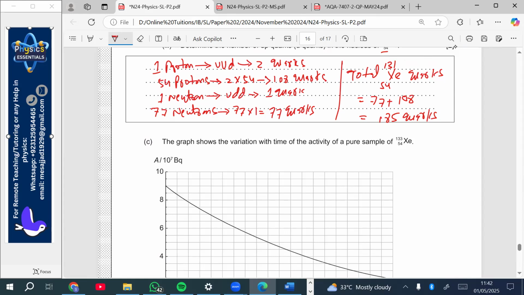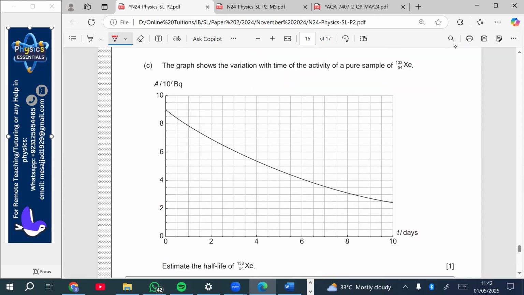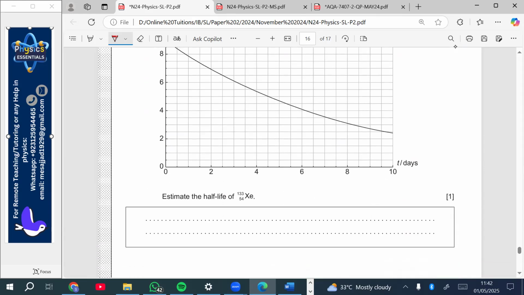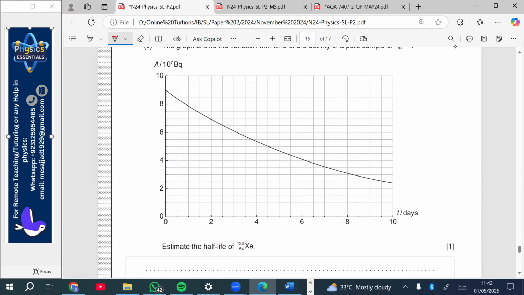Quarks. Okay. The graph shows the variation with time of the activity of a pure sample of xenon 13354. Estimate the half-life of xenon. So estimate half-life means here you have 9 into 10 raised to the power 7 becquerel of the activity. And where do you have 4.5? So 4.5 is exactly this point.